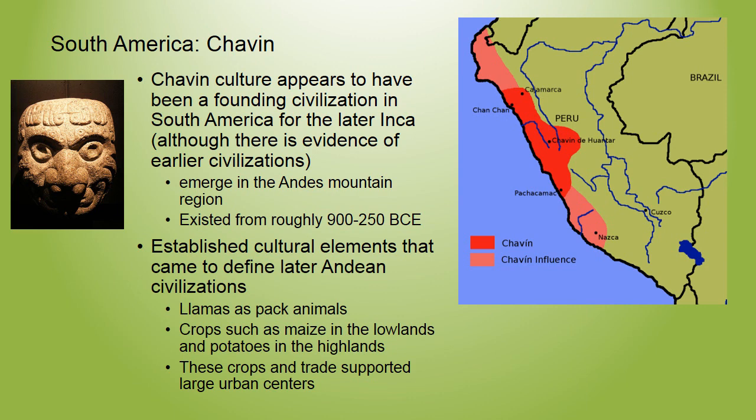And so these early civilizations basically were formed at the foothills of these mountains, and very much the mountains played a huge role in their development. And so the llamas were mainly used as pack animals, ways to transport goods through these mountains. But they did grow crops like maize, which is corn, and potatoes, and large urban centers developed much like the ones that we saw early on.